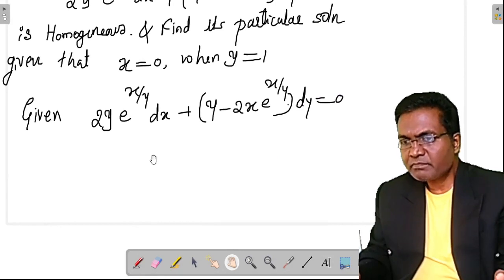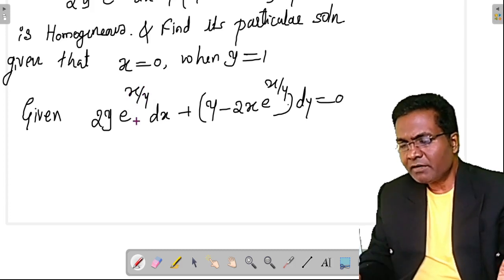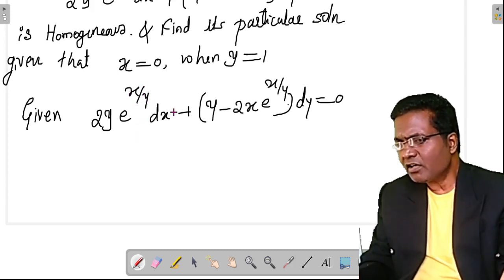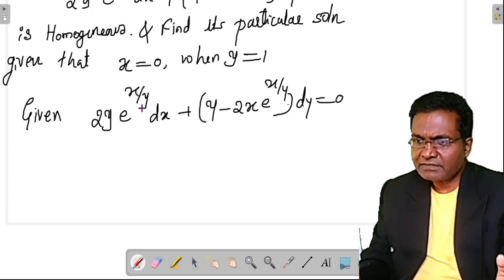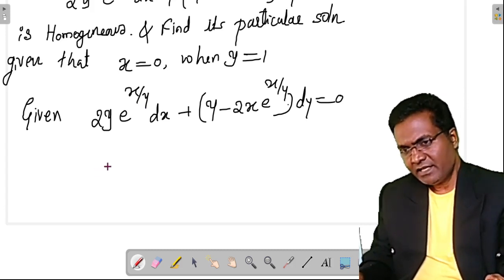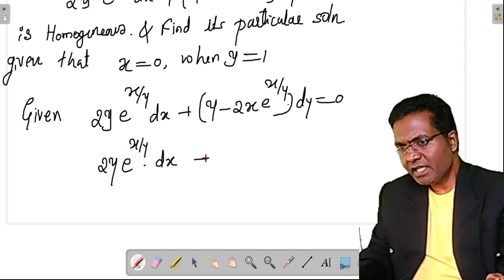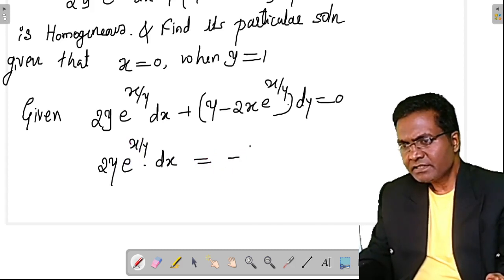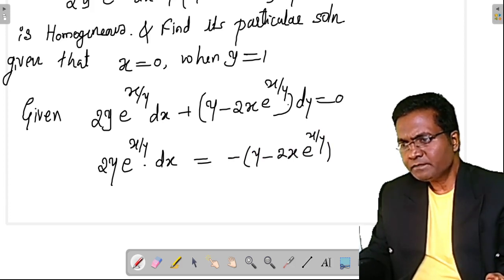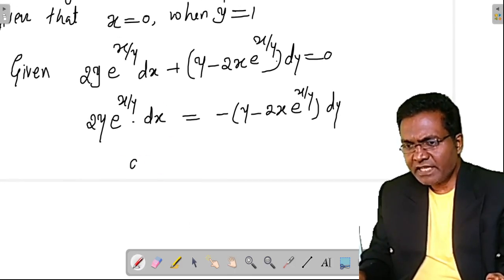Now here, as I explained, if you find terms of the form x by y either in the power of e or within log or within sine cos, then you have to express it in the form of dx by dy. So I can write e^(x/y) dx equals, bringing this side, minus (y minus 2x e^(x/y)) dy. Now you have to express it as dx by dy.